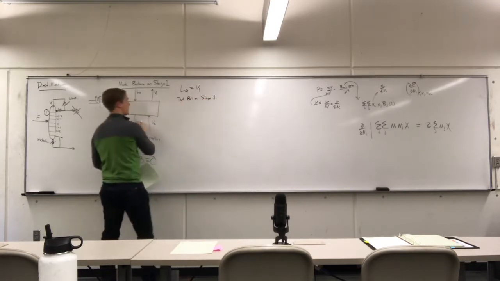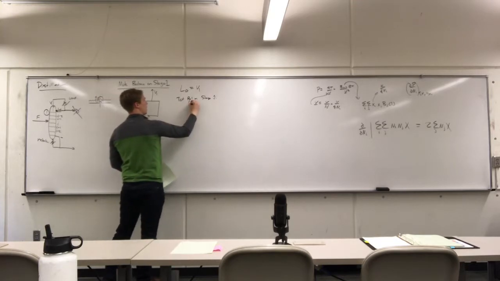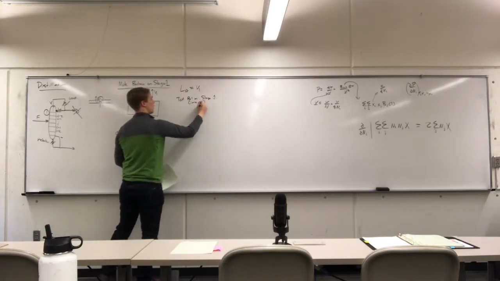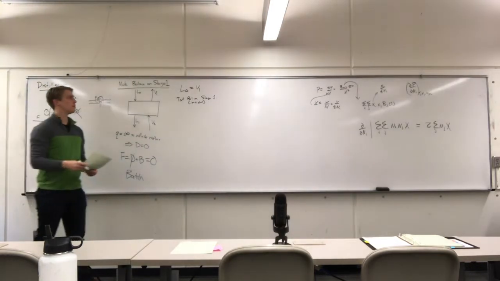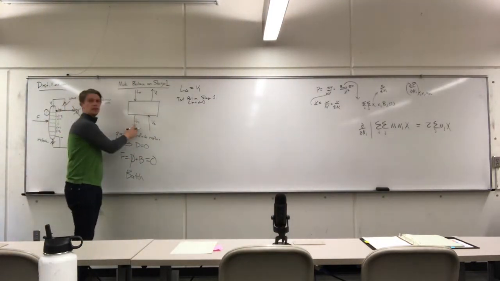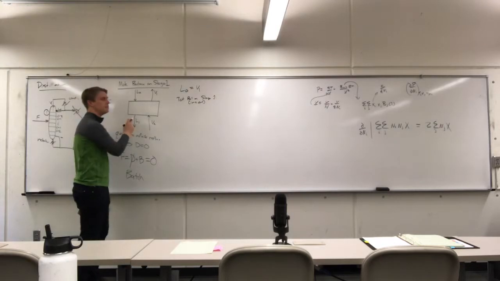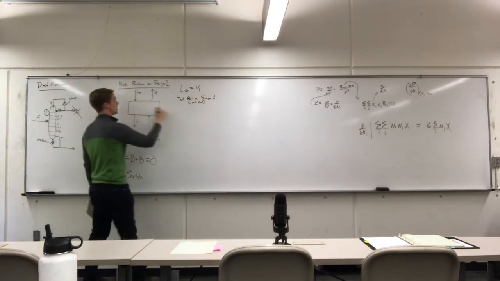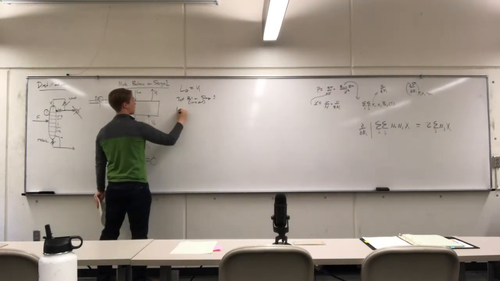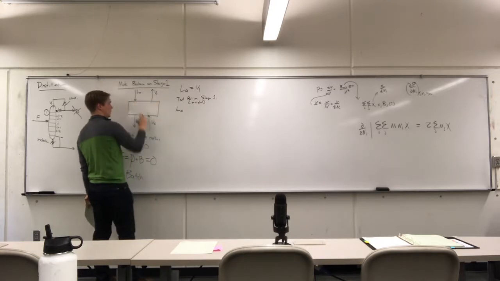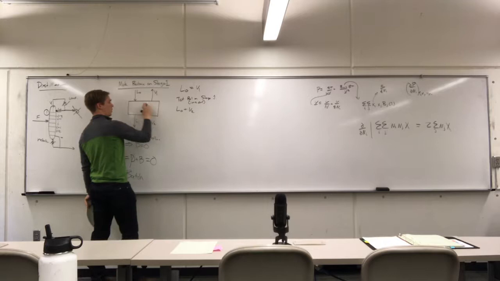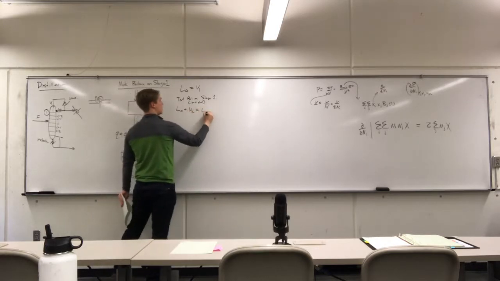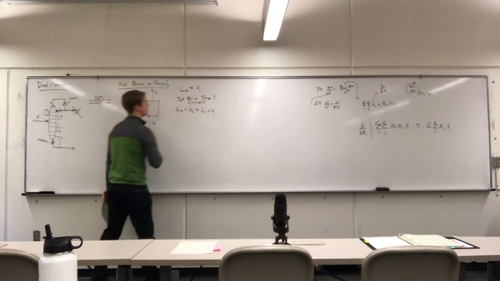So if we do a total balance on stage 1, for all of these balances there are no reactions, no accumulation, no losses. That means in equals out, so all the flow rates in have to match all the flow rates out. In this case, into the system we have the liquid coming down and the vapor coming up, and leaving we have the liquid and vapor from this stage.